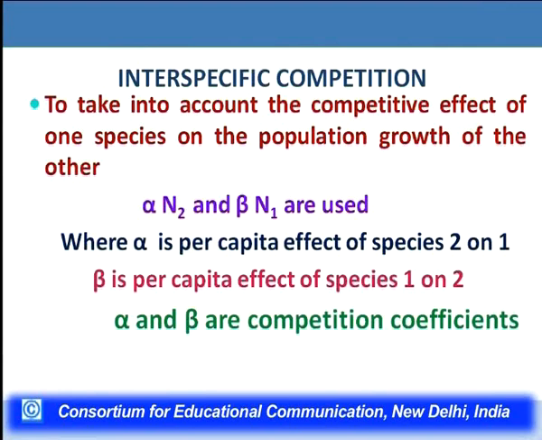So these alpha and beta are the competition coefficients, which help us find out how much effect the total number of individuals of n2 are having on n1, and how much effect the total number of individuals of n1 are having on n2.